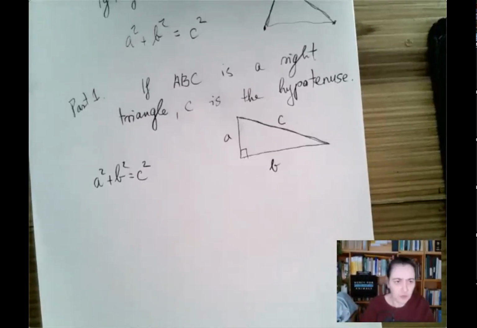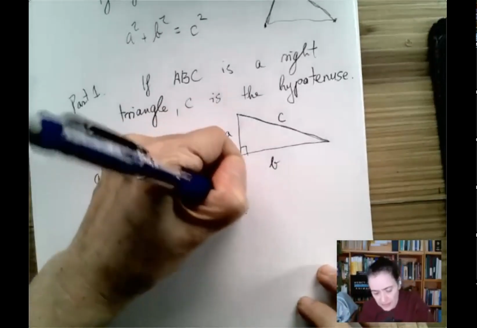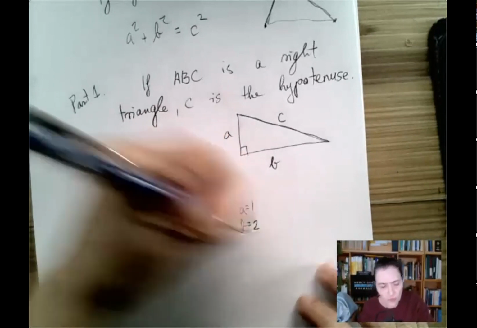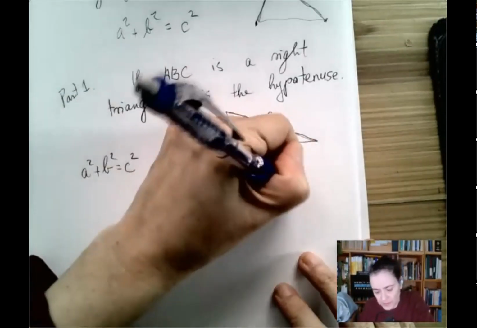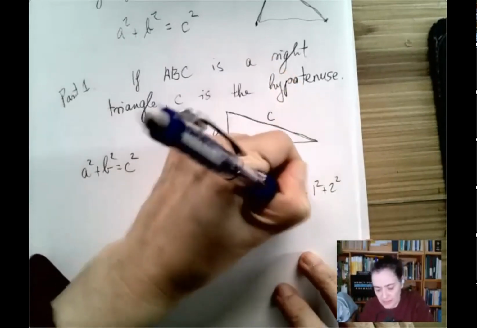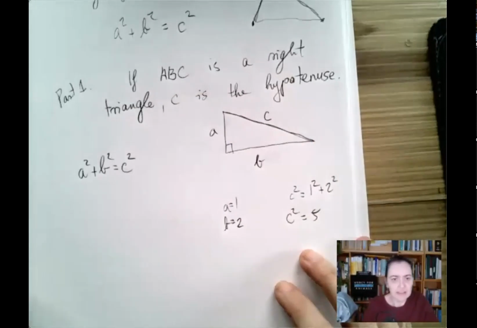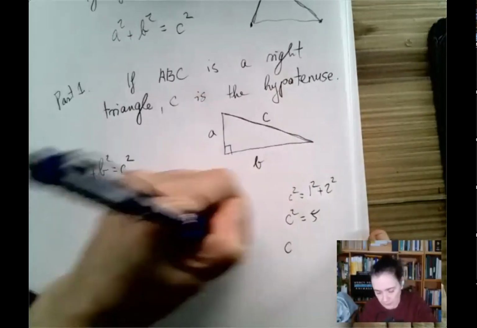Now, usually if you add two numbers and you square, the sum is nasty. Like if A is 1 and B is 2, then C is not going to be nice. C squared is going to be 1 squared plus 2 squared, so C squared is 5. A number that squares to 5 exists, but it's terrible.